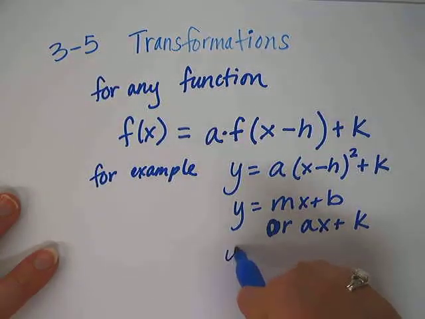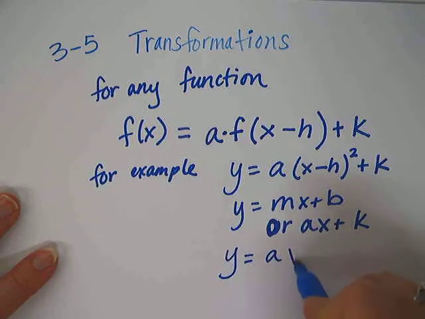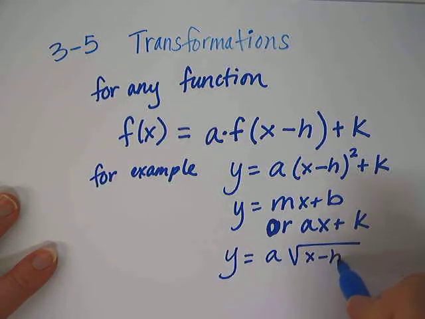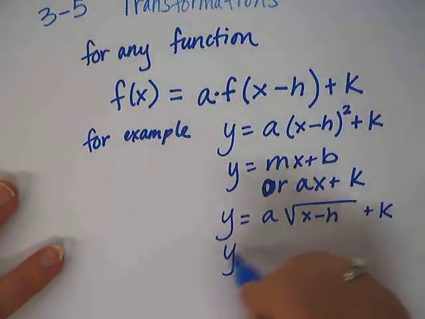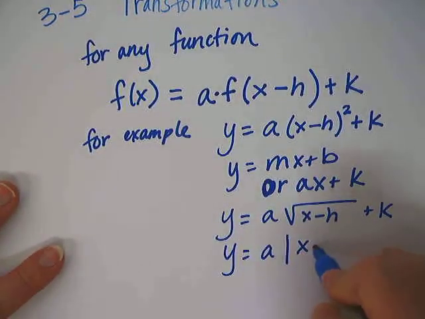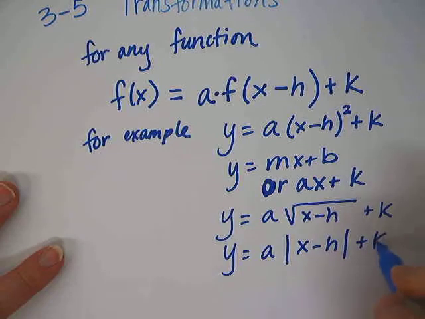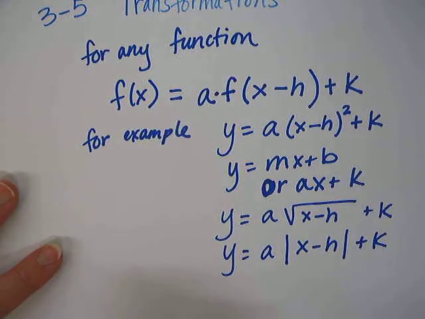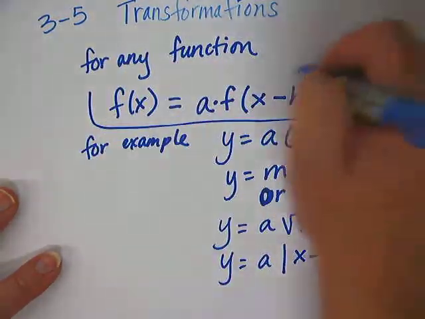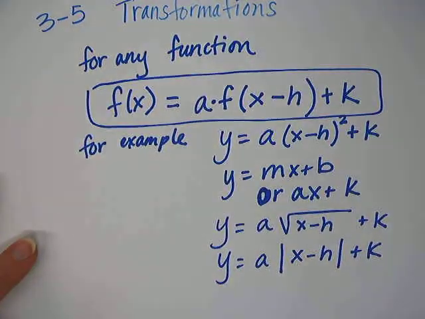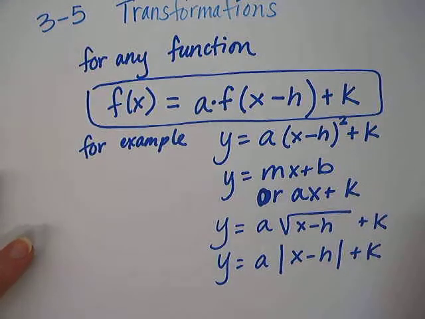All right. So somebody mentioned a square root function. We could do square root: y equals a square root of x minus h plus k. Okay. Y equals a absolute value x minus h plus k. You don't have to write all these down. But in general, that's the basic rule.